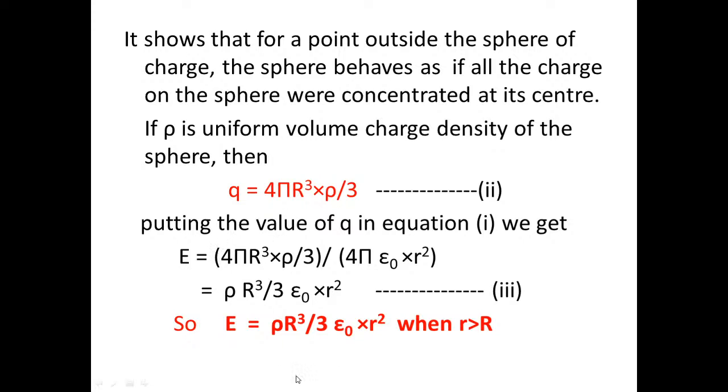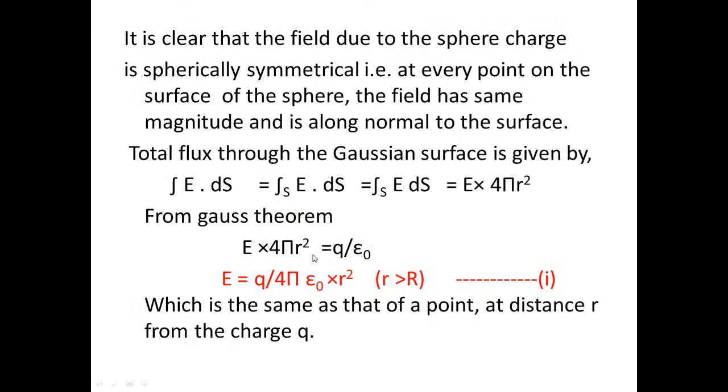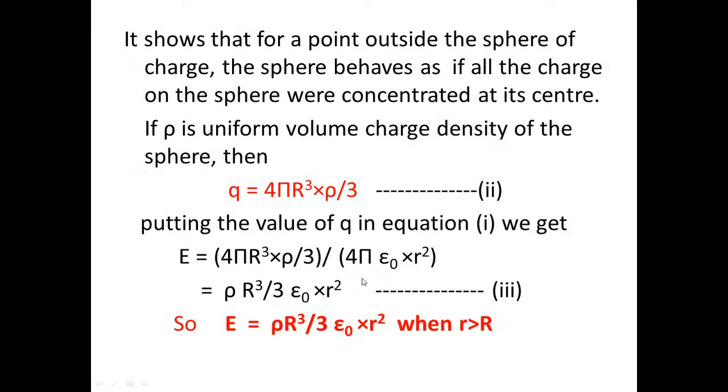Putting the value of this q in equation 1, we get E is equal to 4 by 3 pi capital R cube into rho over 4 pi epsilon naught into r square. This was our first equation, in which we just put the value of q here. So the value of E will come out to be rho capital R cube over 3 epsilon naught into r square.